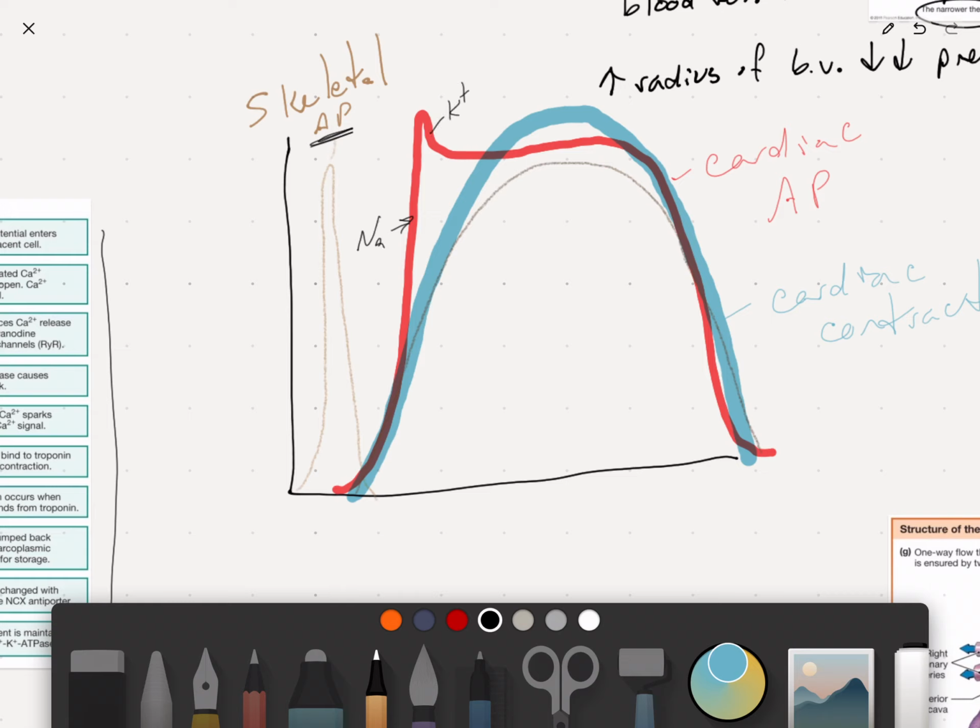Here you have potassium going out, just like in the skeletal muscle cell. However, here you have calcium channels that open. Calcium's going to flow into the cell. This is where you get that influx of calcium that you need the NCX to correct. Then calcium's going to remain open all along this plateau.